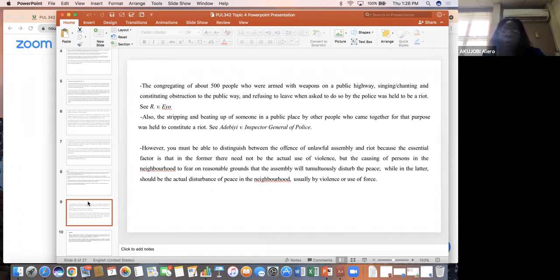So while one might not necessarily have used violence, their presence alone is enough to scare everyone away. So riot itself is basically the use of violence, while unlawful assembly is not necessarily the use of violence, but the gathering and conducting themselves in such a manner as to create fear in all those around them.